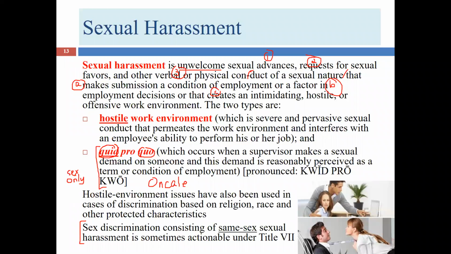You can have same-sex sexual harassment cases in a few different ways. Sometimes it is when the harasser experiences same-sex attraction, is either, say, a lesbian woman or a gay man. And so when he or she engages in this sexual behavior, he or she is expressing sexual interest in this subordinate employee.